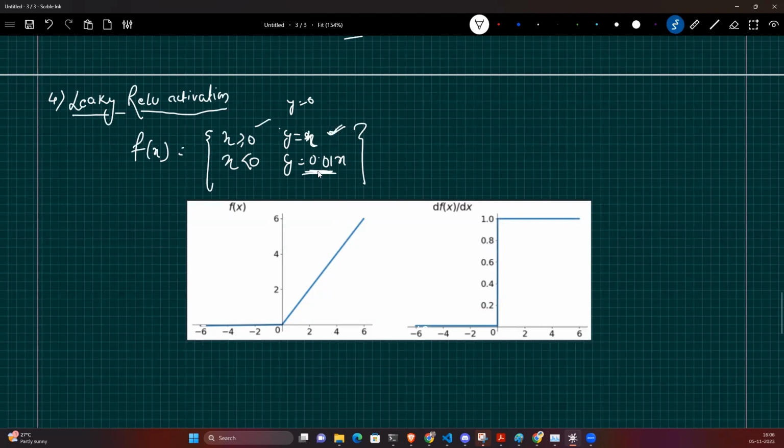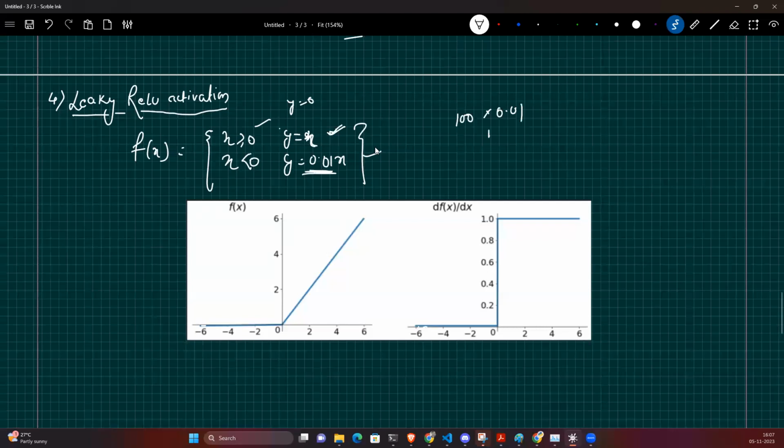We are just multiplying by 0.01, so that neuron will never die, but the value of that particular neuron will be very small. Even if your input is 100 and you multiply it by 0.01, the output will be 1, right? So this is not an optimal solution. It just reduces the dead neuron problem, but it does not give the proper solution.